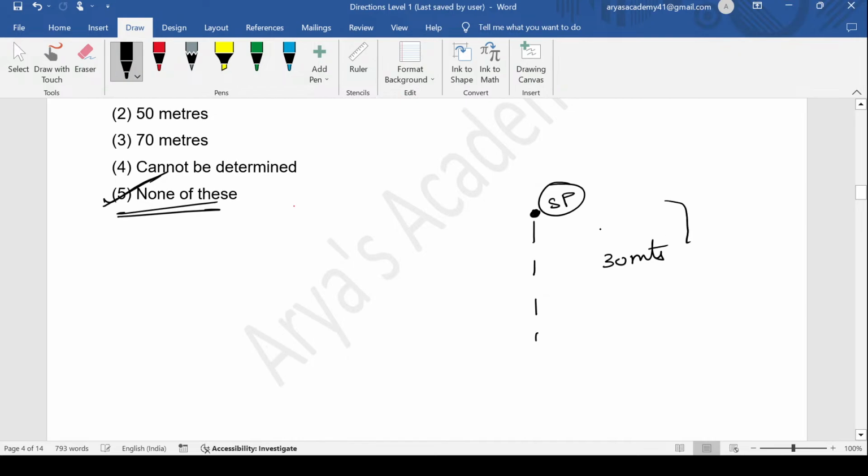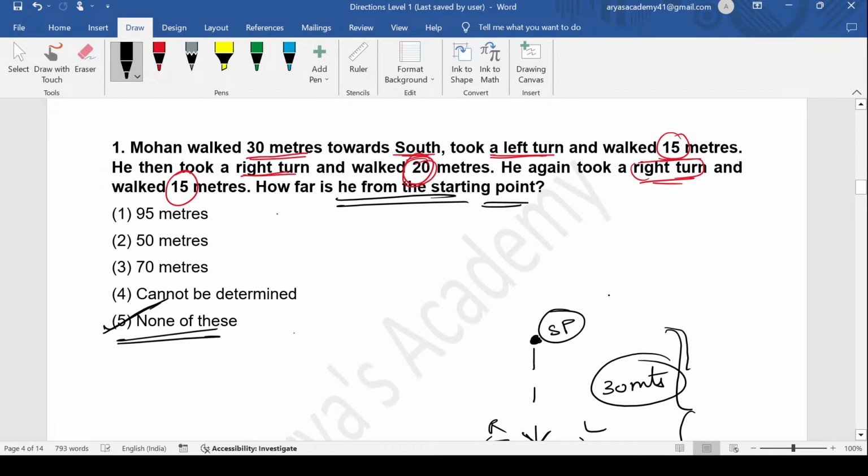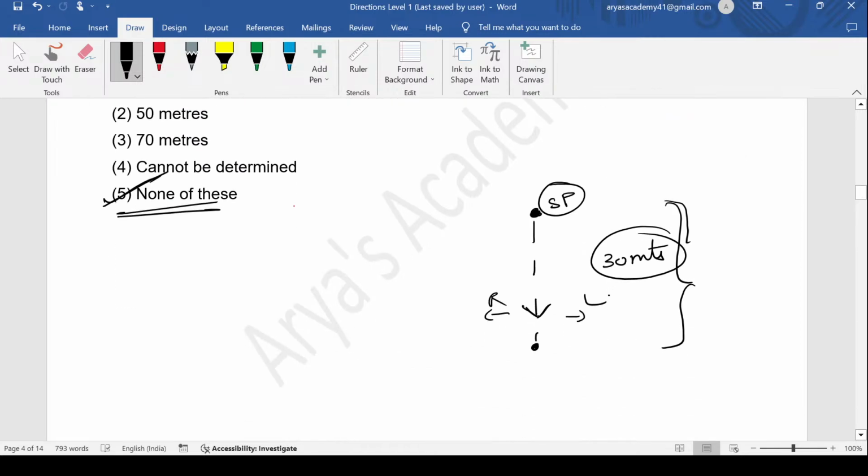This entire distance from this point, starting point, till here, it is 30 meters, right? Now he is here. Means he is facing this direction. This is his right and this will be his left. If you look at the question, now he took a left turn and walked for 15.